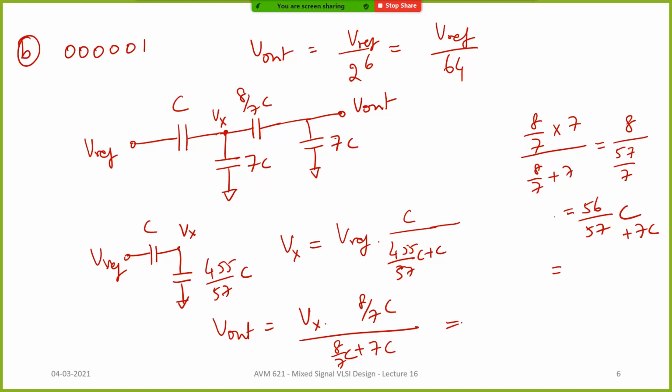You can work it out, and you can convince yourself that it is indeed Vref divided by 64.